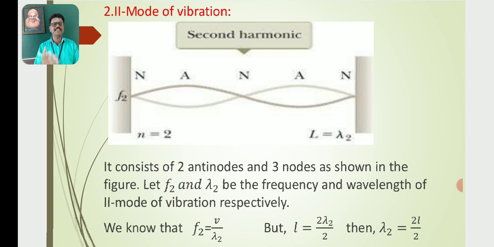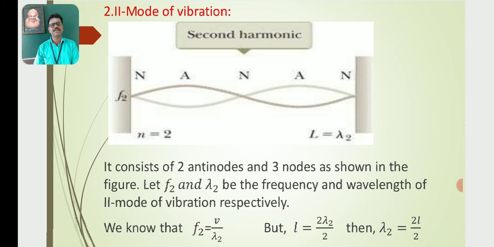Now let us discuss the second mode of vibration. The diagram indicating the second mode of vibration consists of two antinodes and three nodes, with two segments or loops, which consist of a series of nodes and antinodes.